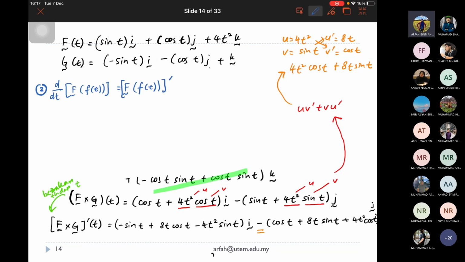So yang ini kena guna chain rule. This is chain rule. Yang mana ianya akan sama dengan f prime of f(t) darab f prime t.